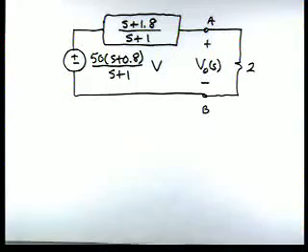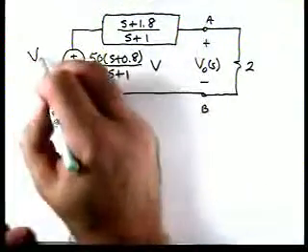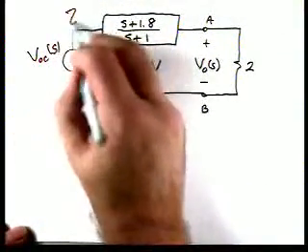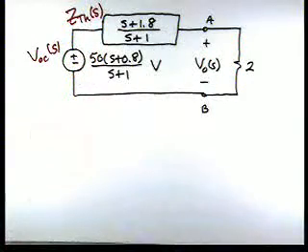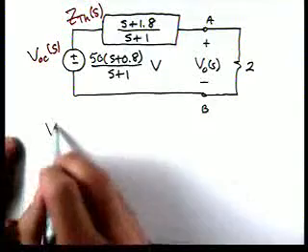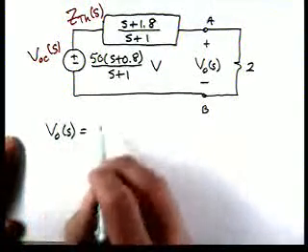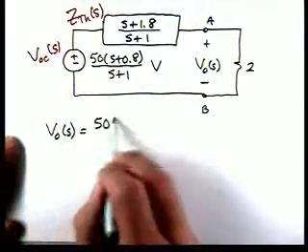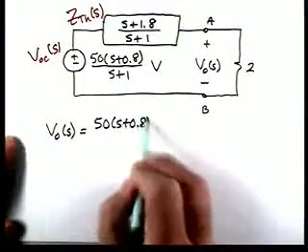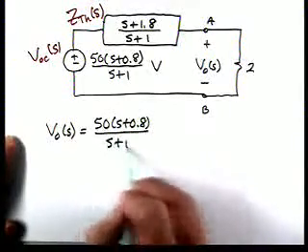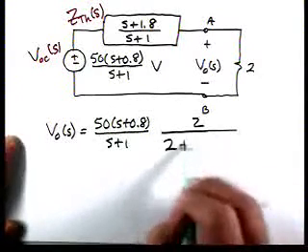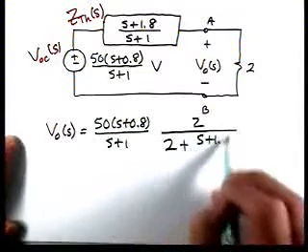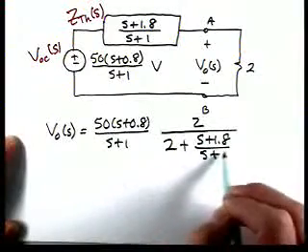Okay, and again, here's VOC, here's Z Thevenin. So now using voltage division, V0 of S, we have 50 times S plus 0.8 over S plus 1, and we have 2 over 2 plus S plus 1.8 divided by S plus 1.